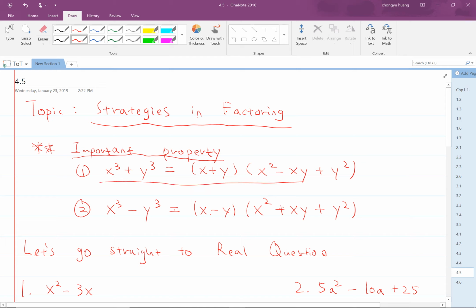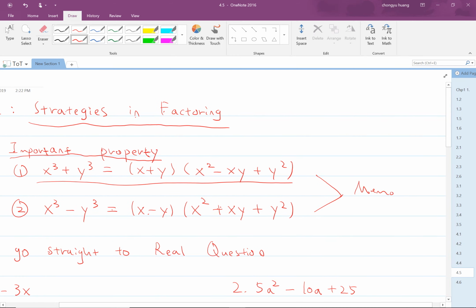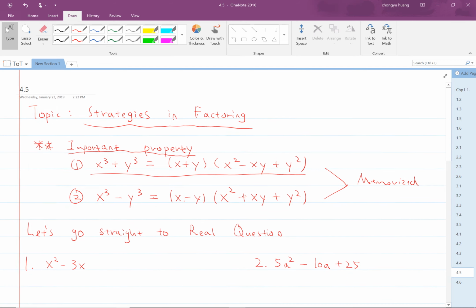Property 1 is x to the power 3 plus y to the power 3, which is equal to x plus y in brackets, times x squared minus xy plus y squared in brackets. I suggest you memorize it. Try to memorize those two properties.